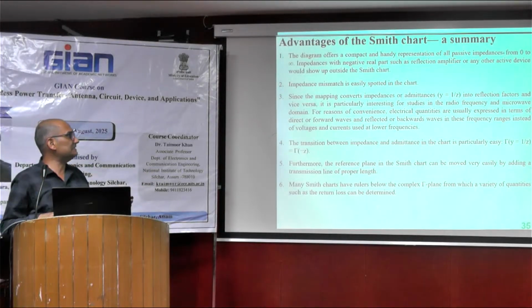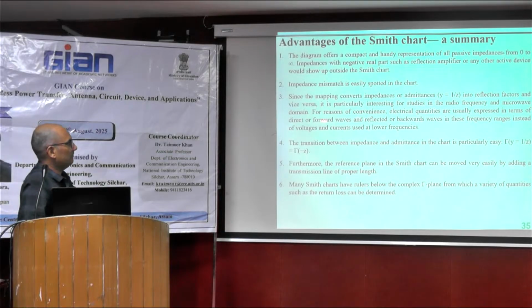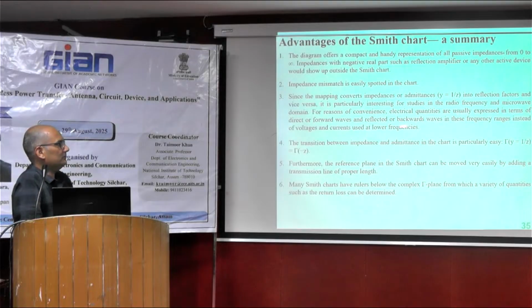Impedance mismatch is easily spotted on the chart. Forward and reflected or backward waves are used in this frequency range instead of the voltage and current used at low frequencies.